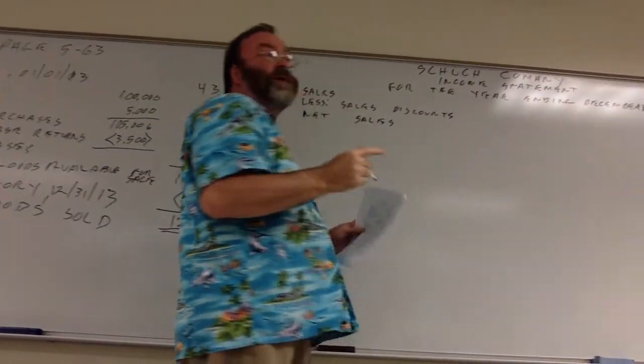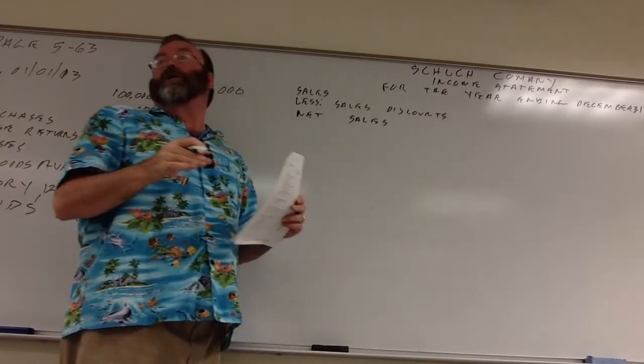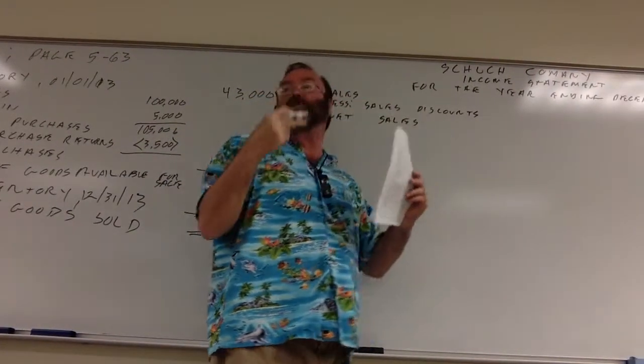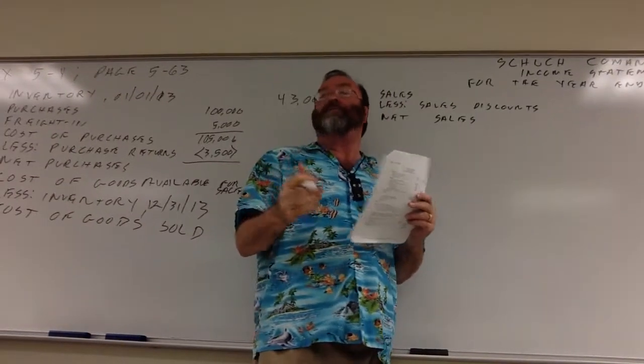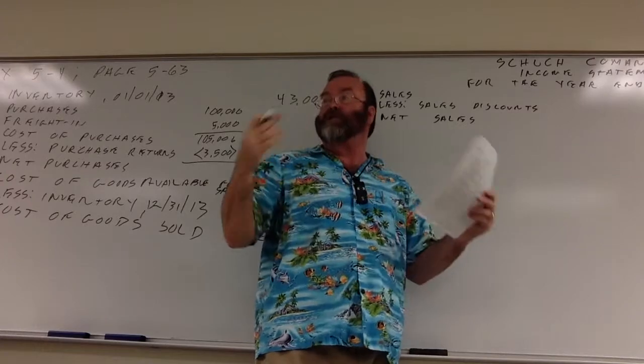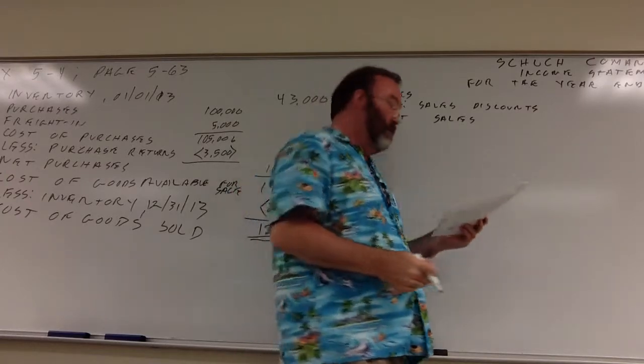In a multi-step income statement, which is what we're focusing on in this chapter, you're going to then create a series of subtotals that better inform the readers of your financial statement as to how you did.